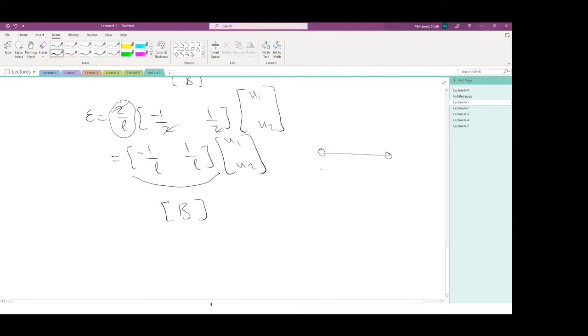I mean, this is going between minus 1 to plus 1 in terms of xi, where xi is starting 0 here, whereas in the past we had the length running between x1 equal to 0 and x2 equal to L, and the length is L. So the full length is 2 in one case, and L in the other. So the scaling factor between both is going to be L over 2.